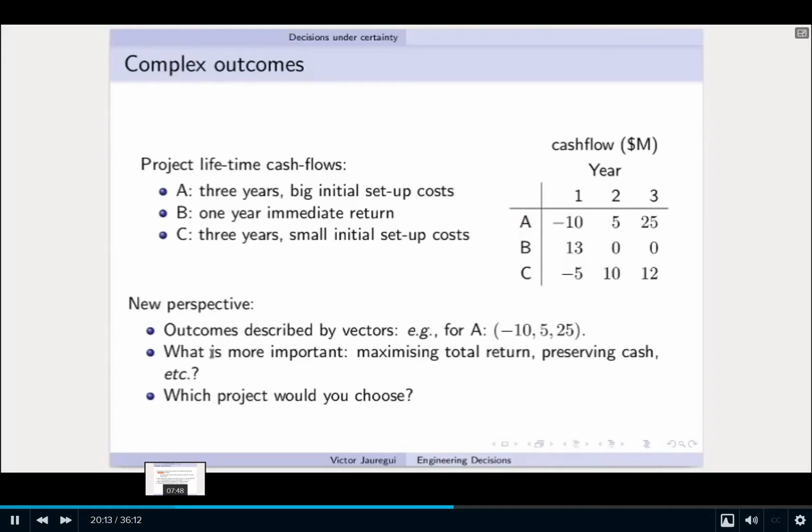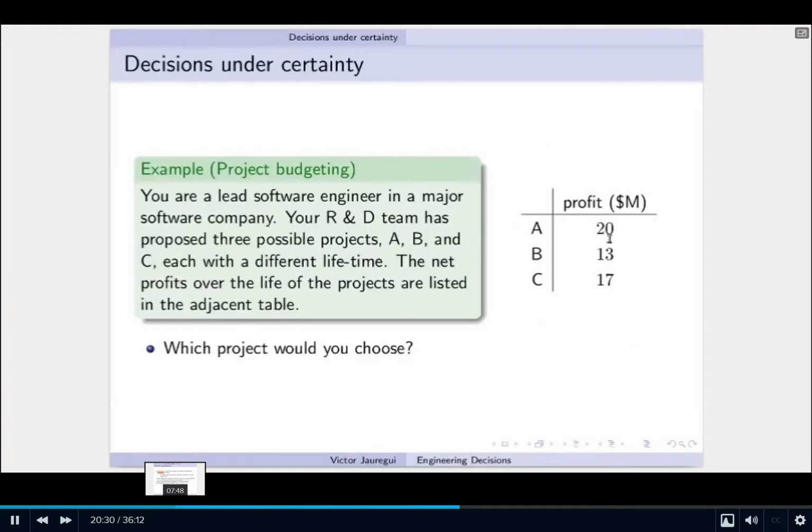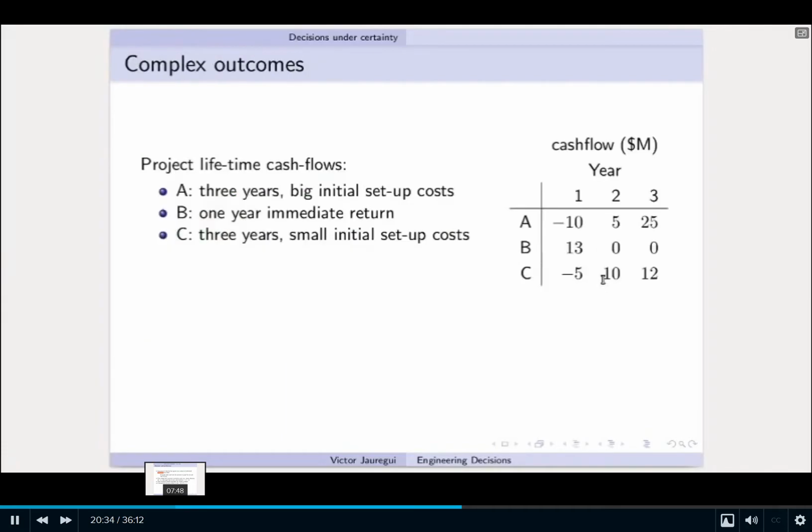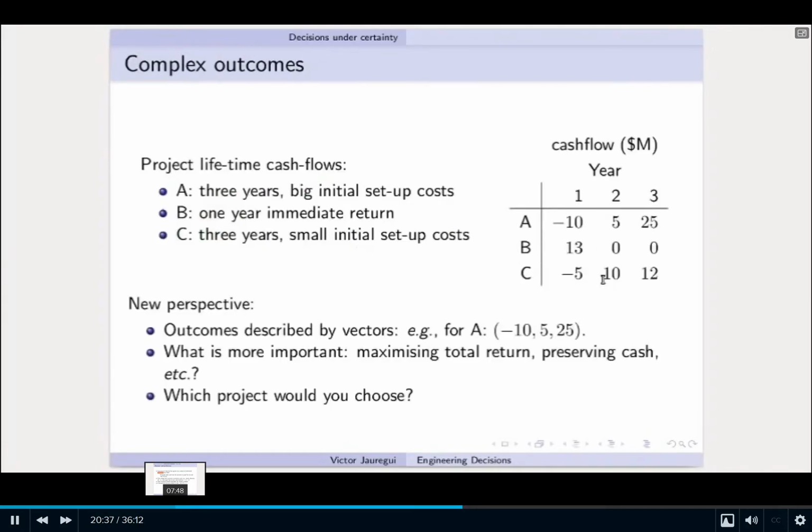So the question is, which one of those now is preferred? Because there is more to think about, since we have to look at cash flows. But which one is best? Well, if we're only interested in the net cash flow, which gives us the net profit, then maybe we'll stick with A. However, now that we have cash flows, there may be other considerations, like maximizing the total return, or trying to preserve cash.